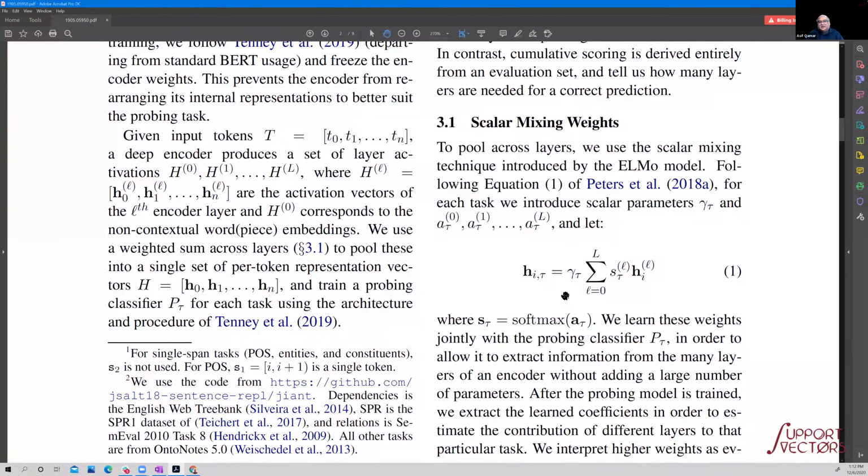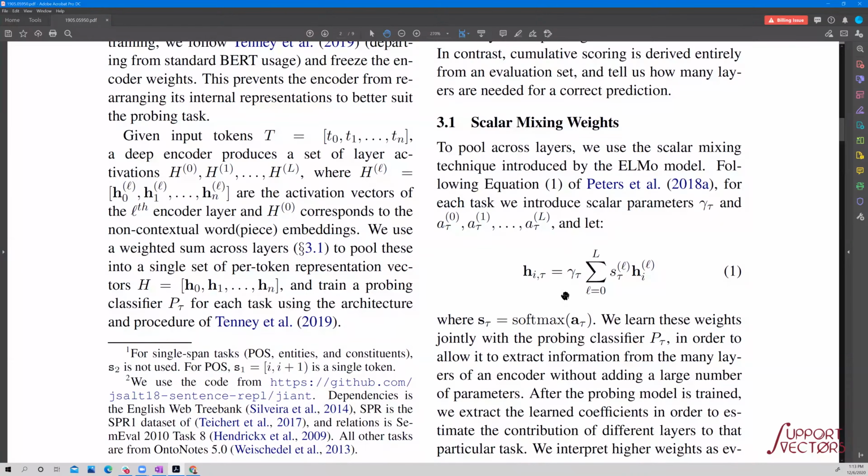Your F1 score keeps improving, but at some point it will stop improving, right? After that, the more successive layers you include in your probing, the cumulative score won't improve. And so you say, okay, I've reached a saturation point, meaning successive layers are not really involved with this activity.